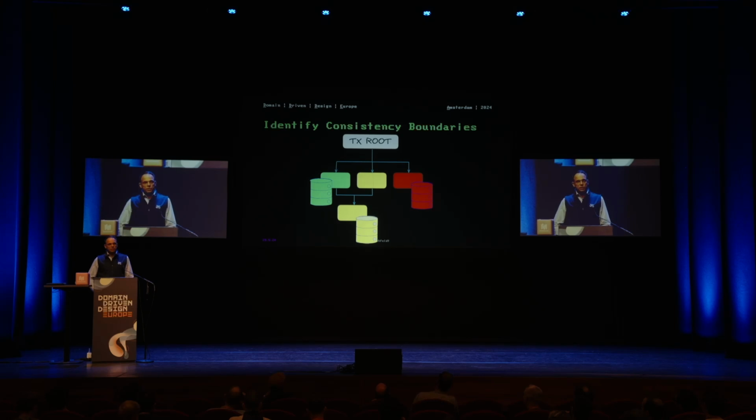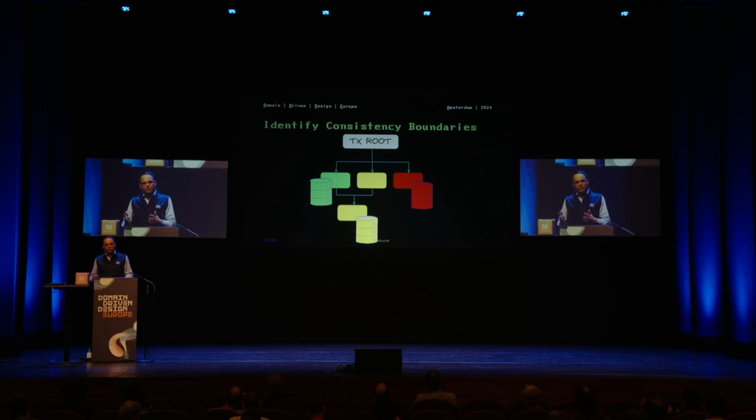But the point here is that to disentangle this large transaction, it really helps to identify the system transaction. With system transaction, we mean these kinds of transactions that we've spoken about earlier, a sequence of operations with ACID guarantees.